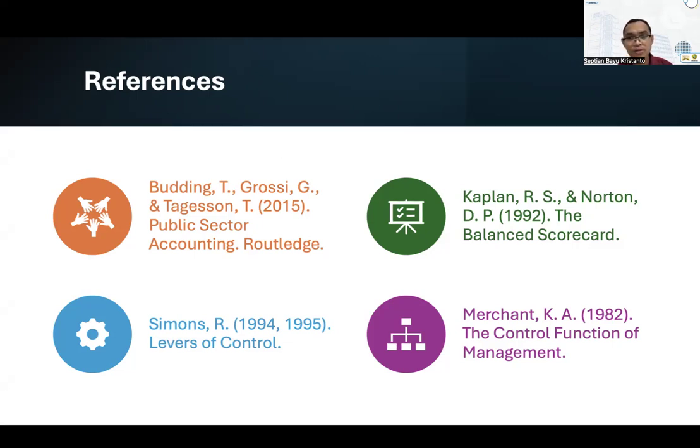And also the control functions of management, starting with Kenneth Merchant in 1982. So this is for your self-individual studies.